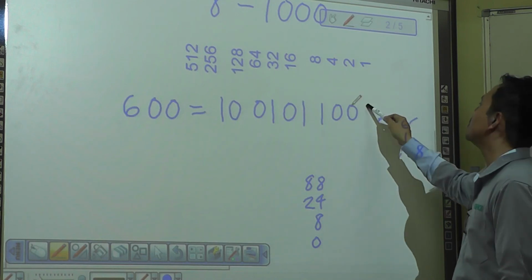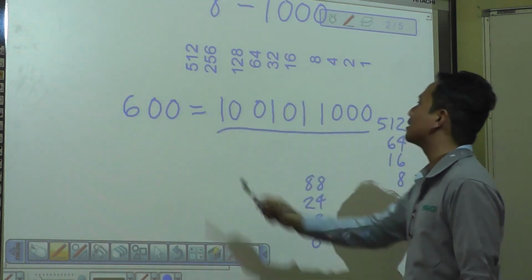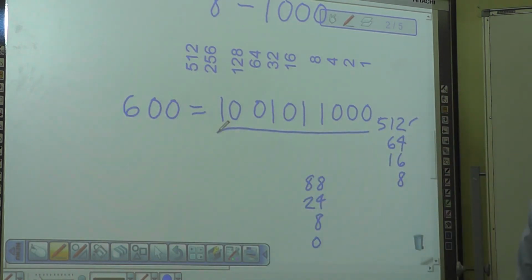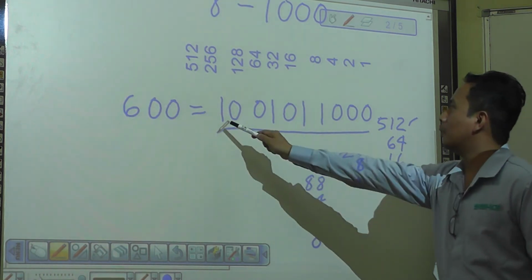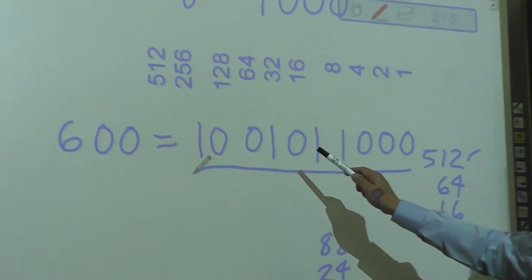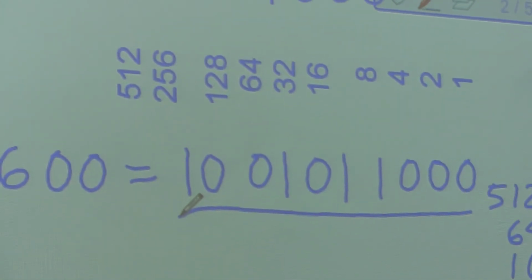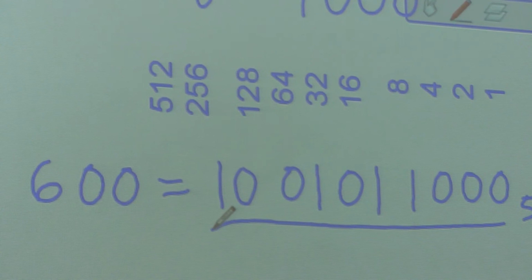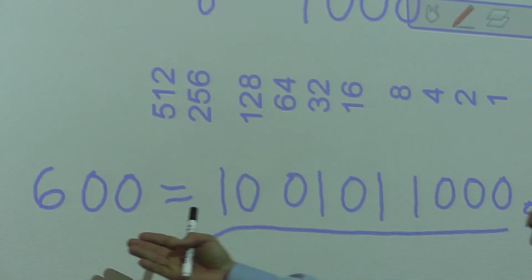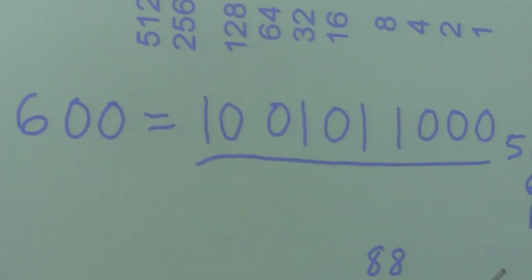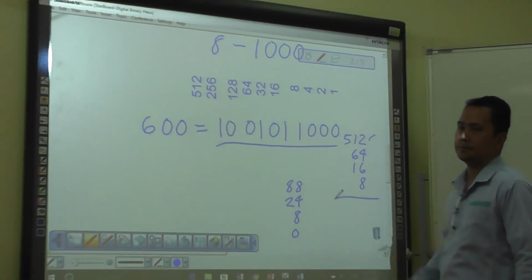In 1, 0. So now this is the answer for 600: 1 0 0 1 0 1 1 0 0 0. So out of 600, we used 512, 64, 16, and 8.